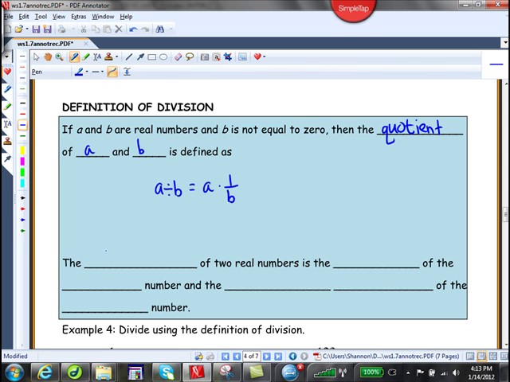The quotient of two real numbers is the product of the first number and the multiplicative inverse of the second number.